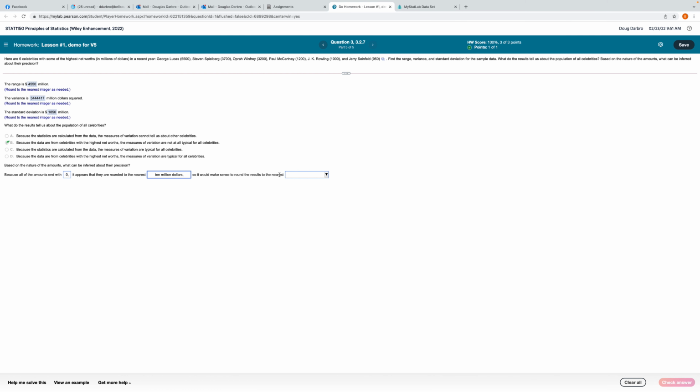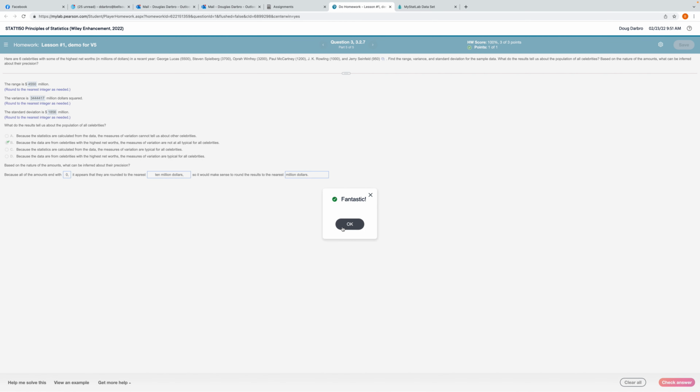And it would make sense to round the results to the nearest $1 million. Yeah, seems reasonable. Kind of a wacky question, but I think there's not really much explanation there. Just look at the measurements, and because this is rounded to the 950, the rest of them are rounded to the nearest thousands. If this was the nearest thousand, it would be 1,000. So yeah, not really much to say about that.